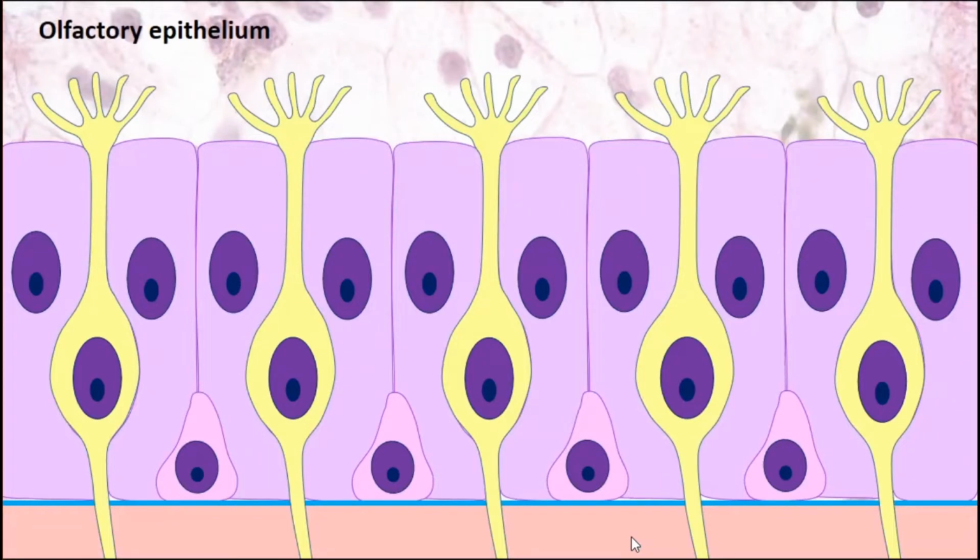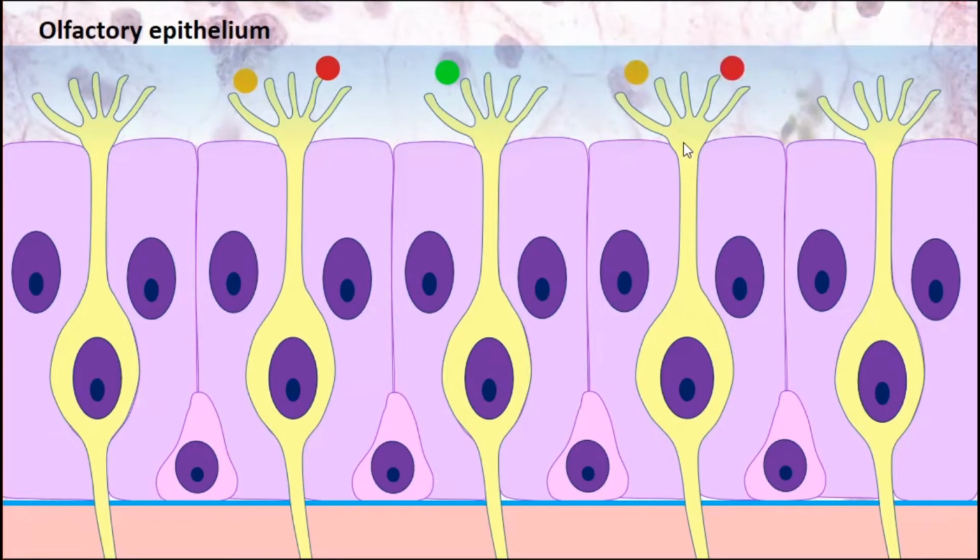And olfactory epithelium also is covered with layer of mucus. And when we are breathing, different smelling particles, molecules are coming here. They are dissolved in the layer of mucus here, and they activate cilia on different olfactory neurons.